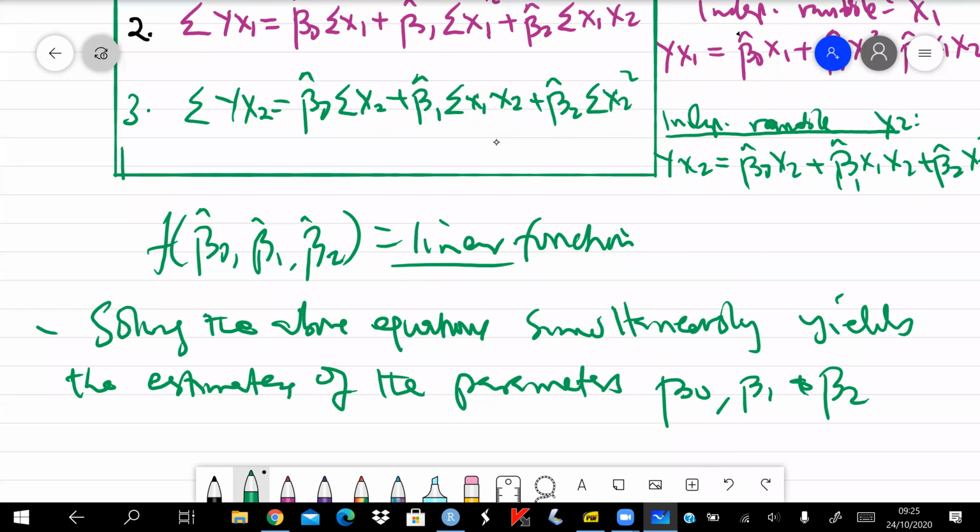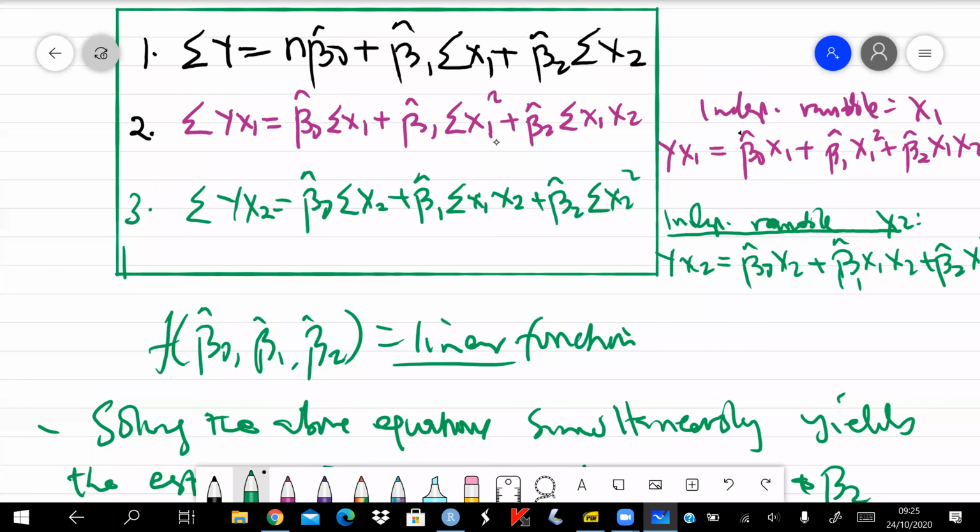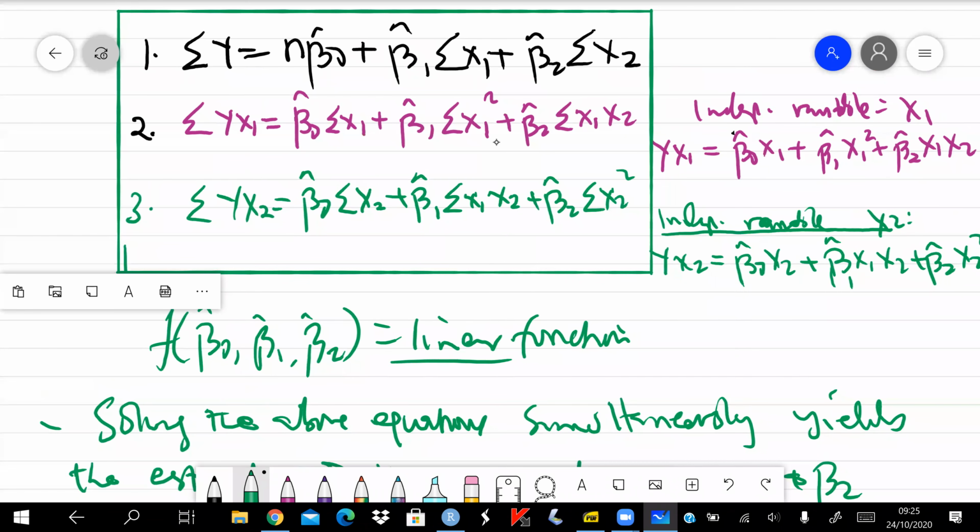Please notice that I've not used the hat here. Whatever you get from solving these equations is what will have the hat.